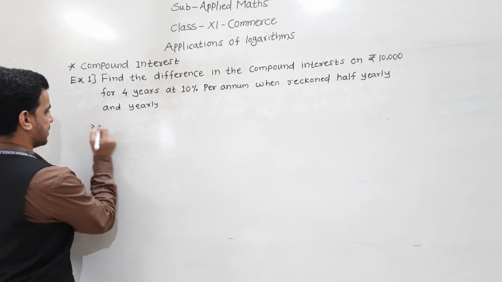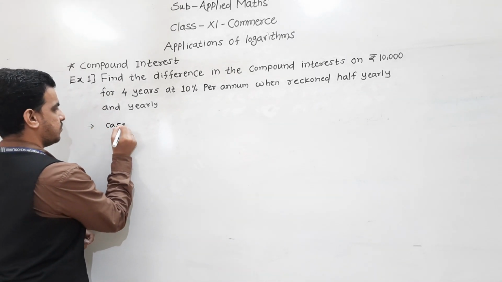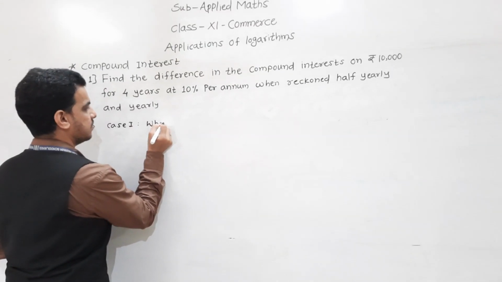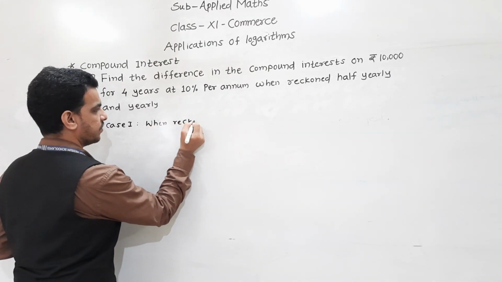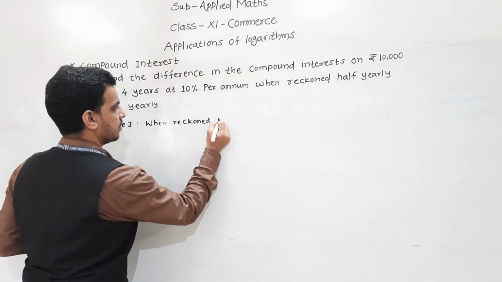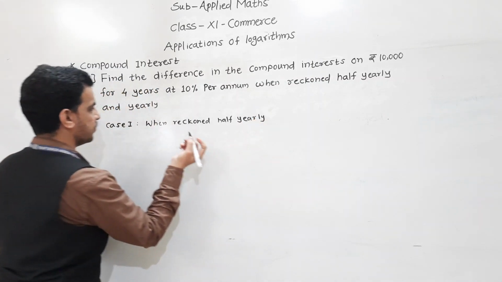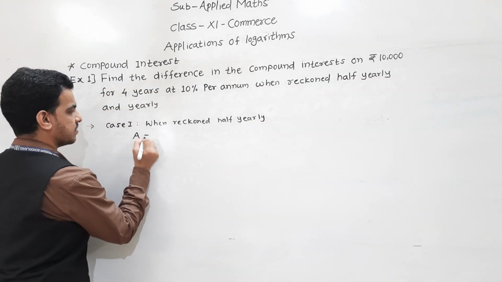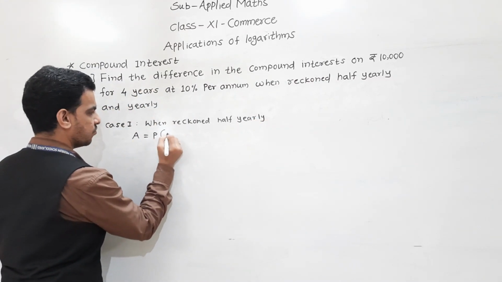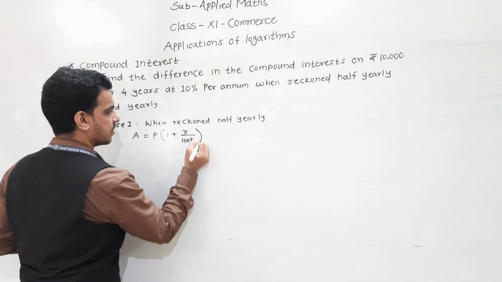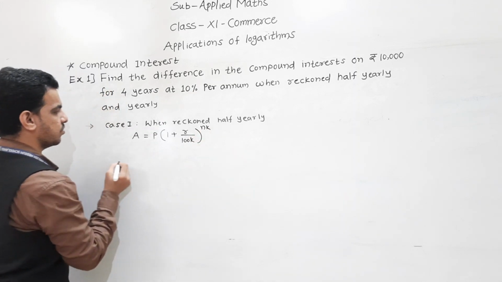Okay, so case first, when reckoned half yearly. We know that the formula is A is equal to P into 1 plus R upon 100K raised to NK.